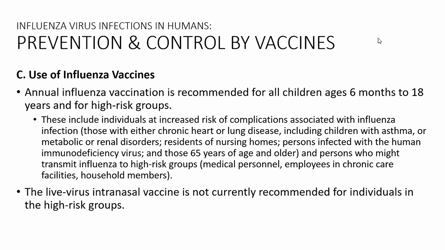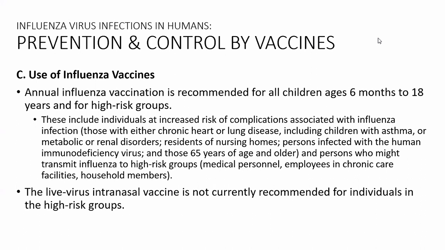The only contraindication to vaccination is, of course, allergy to egg protein, since some of the flu vaccines are derived from egg proteins. Although the cell-based vaccine, as I mentioned in the previous slide, overcomes this limitation. So if you are allergic to eggs or chicken, then make sure that the flu vaccine you are going to receive is cell-based.